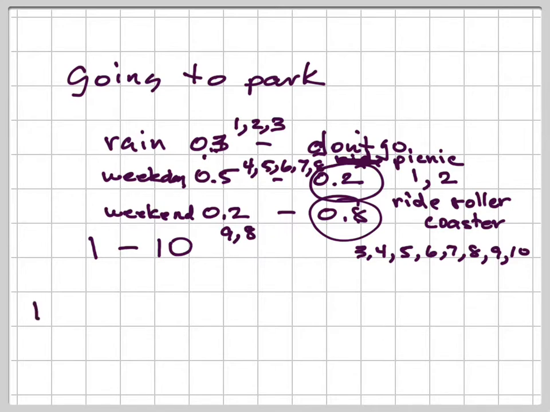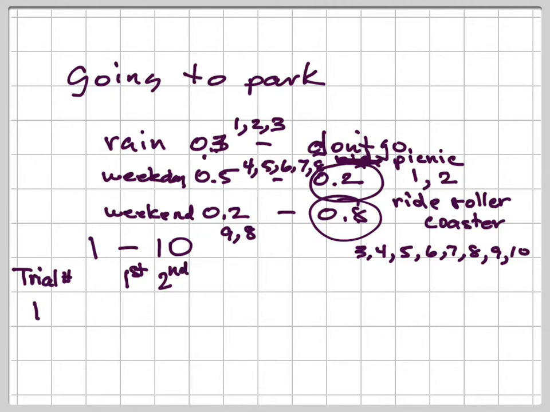If this is trial number 1, we'll put trial number. Then I had rain and weekday, but you could call it weather or whatever, or first condition and second condition.